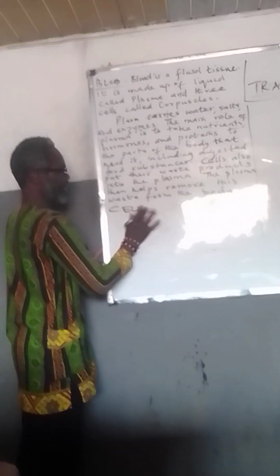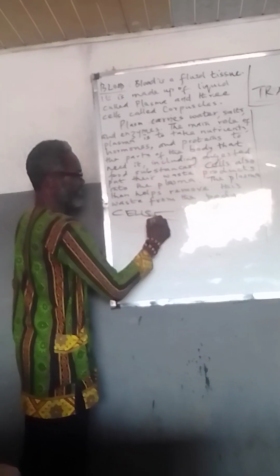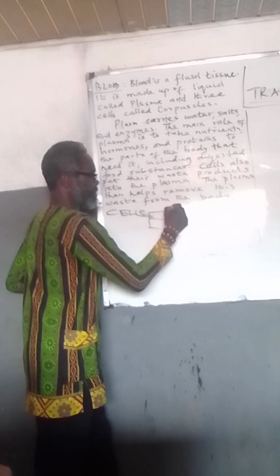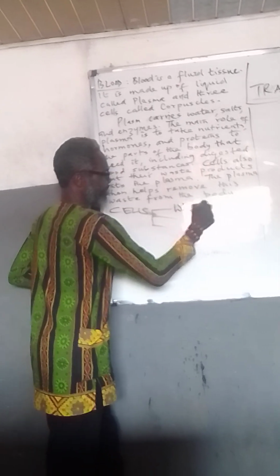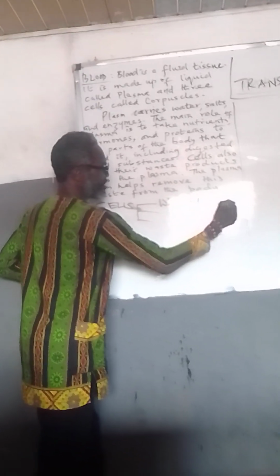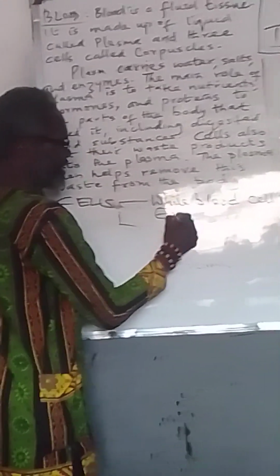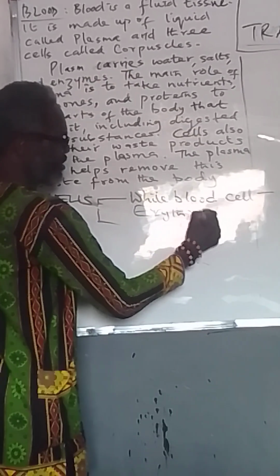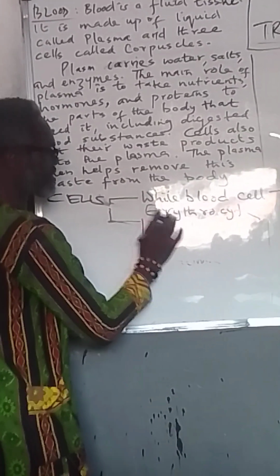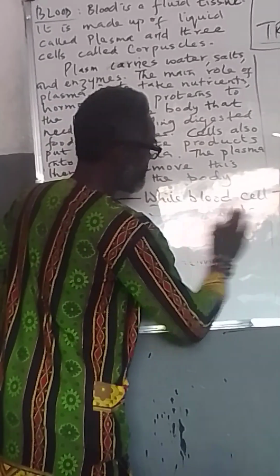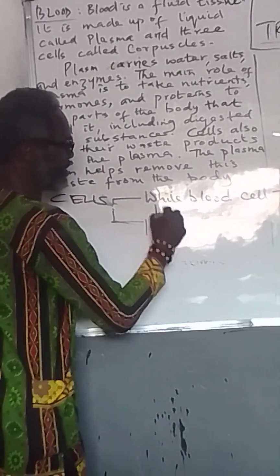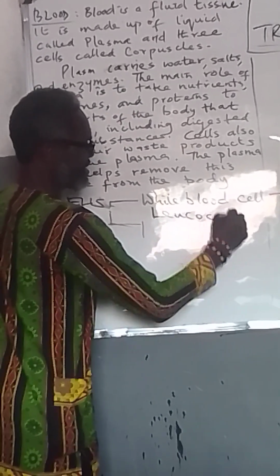So what are the cells? The cells in the blood are divided into three. You have the white blood cell, which is called the leukocytes.